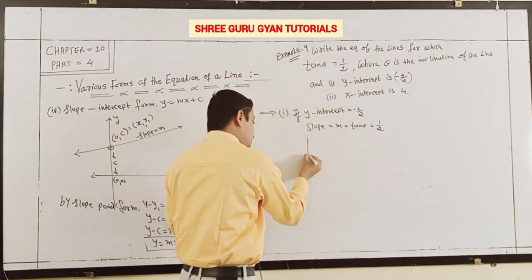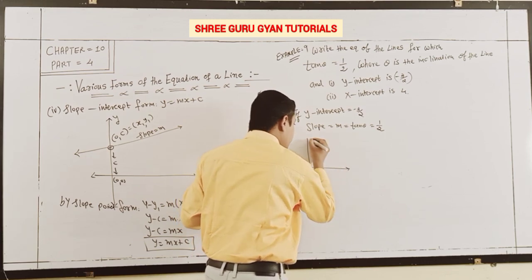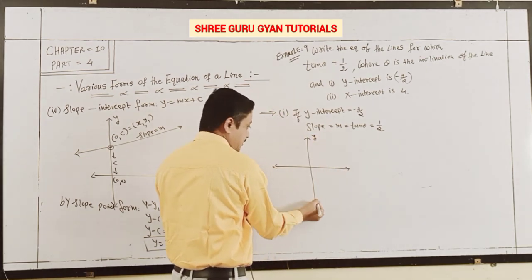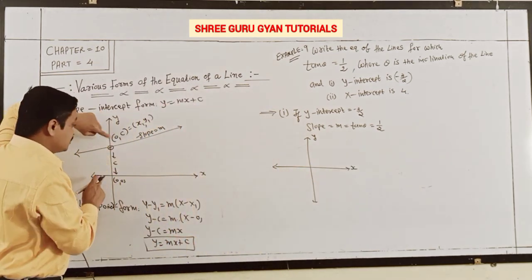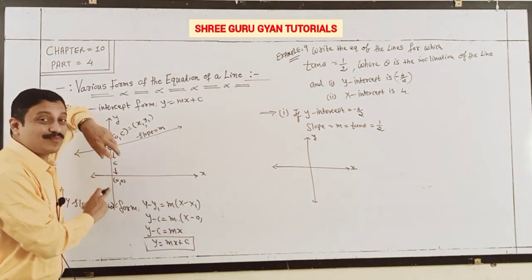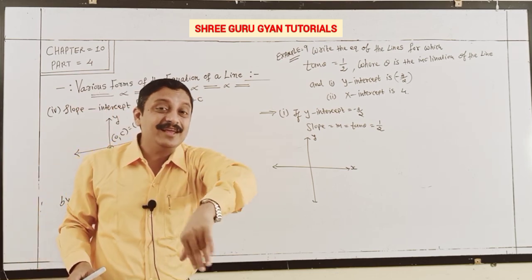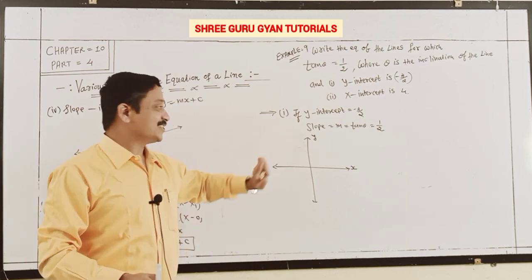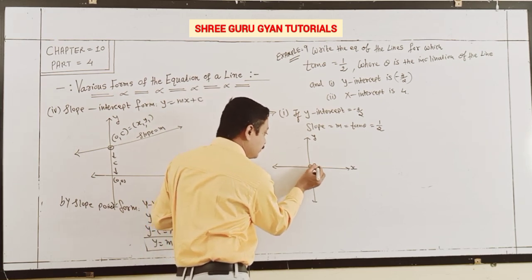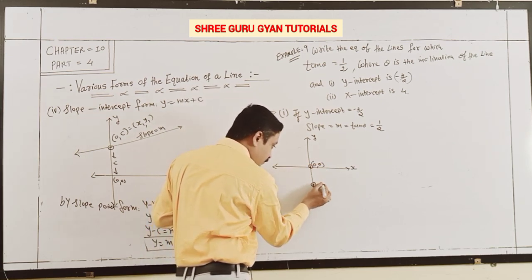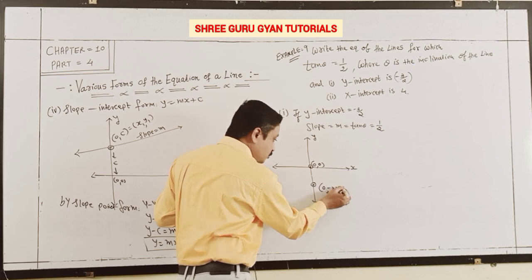So can I draw a simple line in this way, y-axis, x-axis. Students, check: intercept means the distance traveled from the origin to the y-axis, then y-intercept. It is minus 3/2. So it is surely here origin, and here you have (0, -3/2).